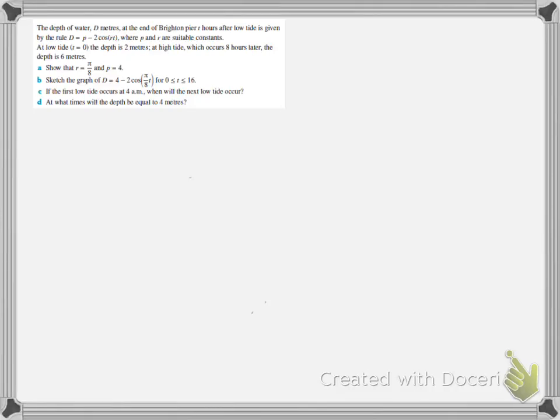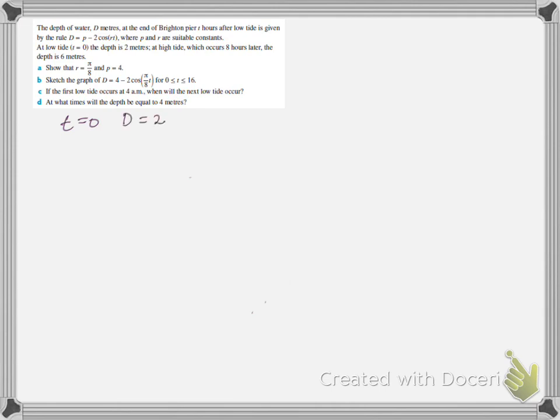So we've got question 4 from chapter 14 review. We're given an expression representing the depth of water at the end of a pier, T hours after low tide, and we're told a few things. At low tide, so when T equals 0, D is equal to 2.